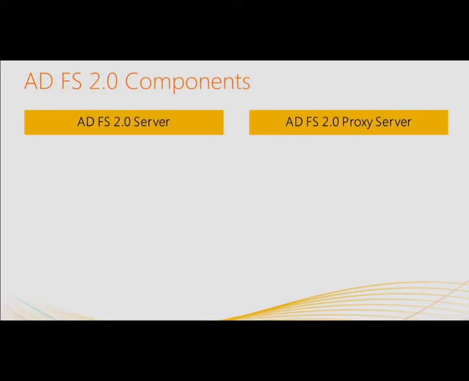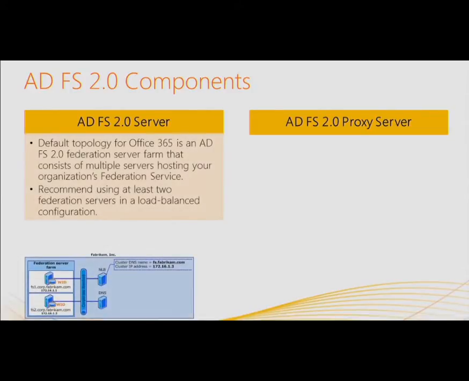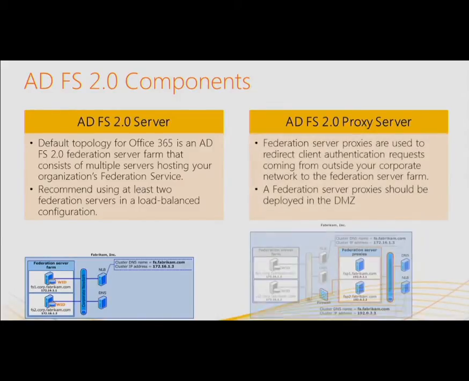Okay, let's understand now what are the components that are required to build an ADFS environment inside your organization. When we speak about ADFS in general, we need to consider that there are two main roles for a possible ADFS server. The first one is the ADFS server itself.